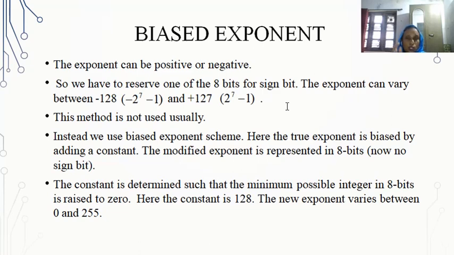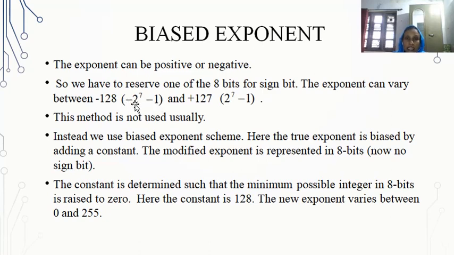So, if we use 1 bit for the sign bit, we have only 7 bits to represent the magnitude of the exponent, right? We already found that in the case of n bit representation, you have options 2 raised to n minus 1. Here also you have 2 raised to n minus 1.